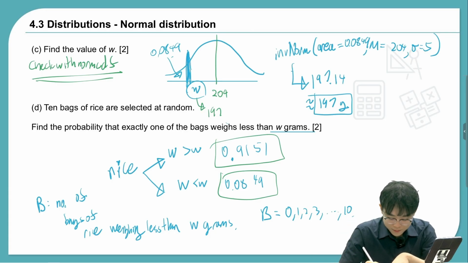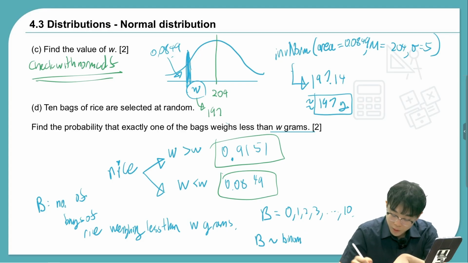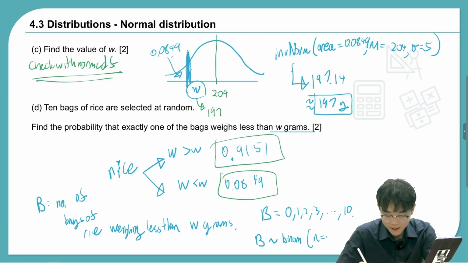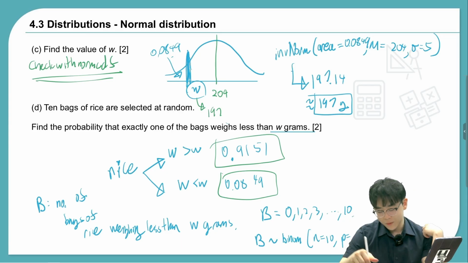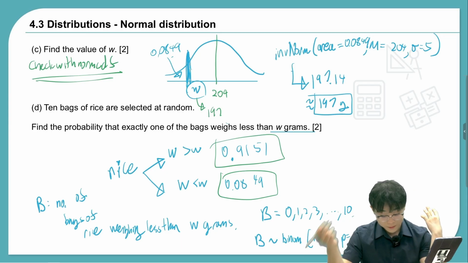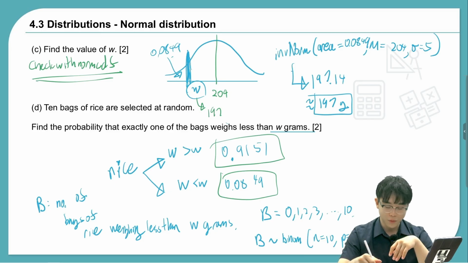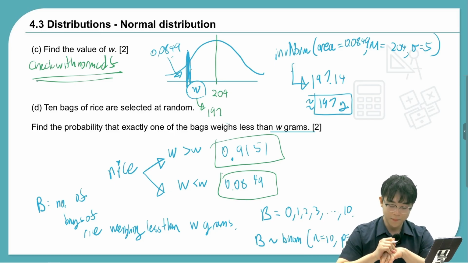So in that case, we would say B actually follows a binomial distribution, where N, the number of trials, is going to be 10, and the probability of success is going to be 0.0849. Okay, so that means this binomial distribution can find the respective probability that B will be either 0 all the way to 10.